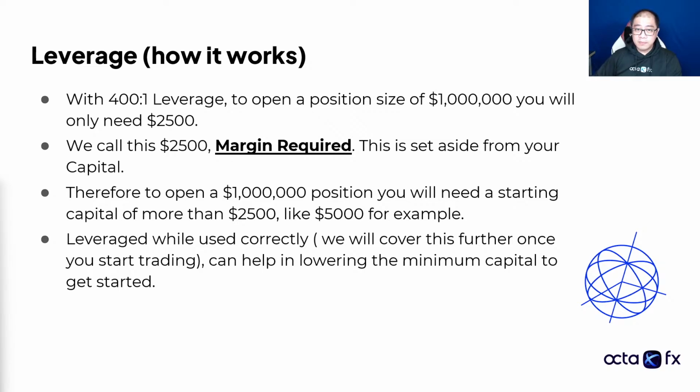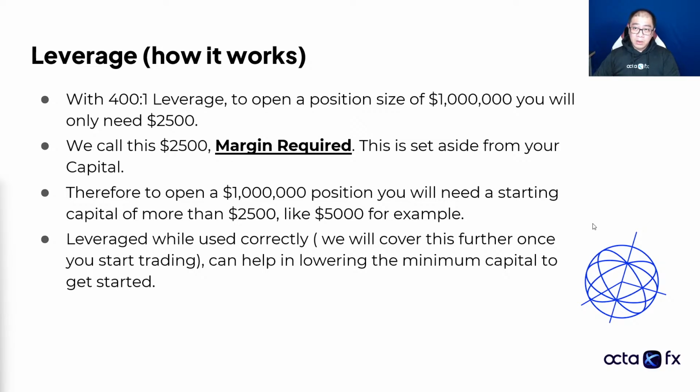It's going to be set aside because you opened a leveraged position. Okay, so leverage, while used correctly, which we're not going to cover here, we'll cover during money management and risk management sessions in the future. If used correctly, leverage can help in lowering the minimum capital to get started.